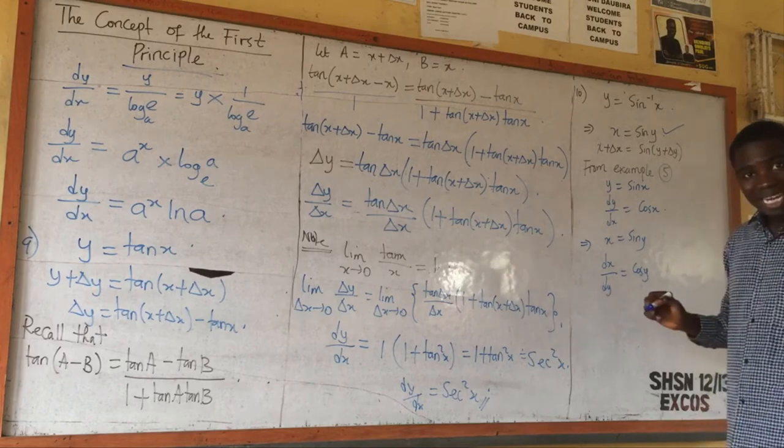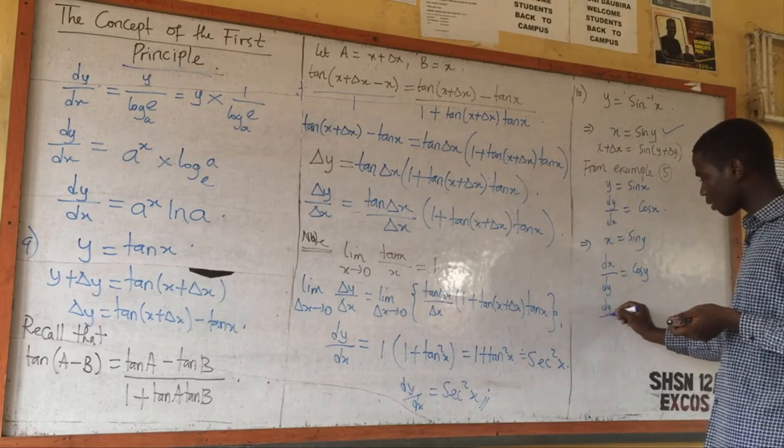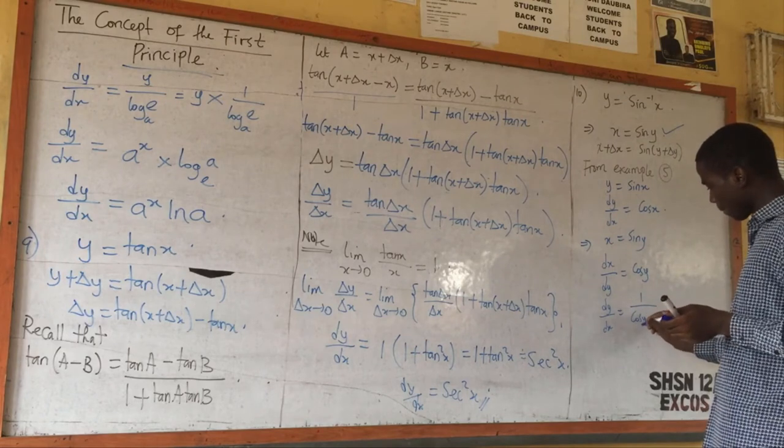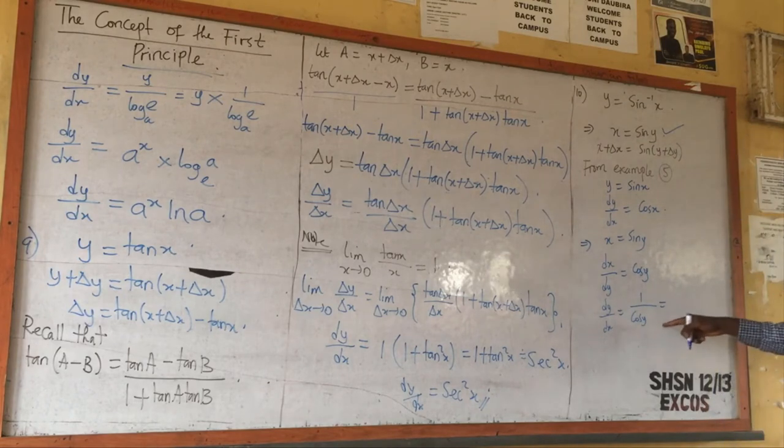But I need to get dy/ds, so that means dy/ds will be equal to 1 over cos y. So I want to write cos y in terms of sine y.